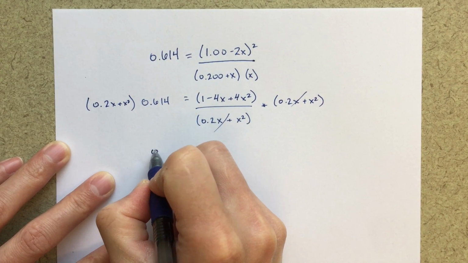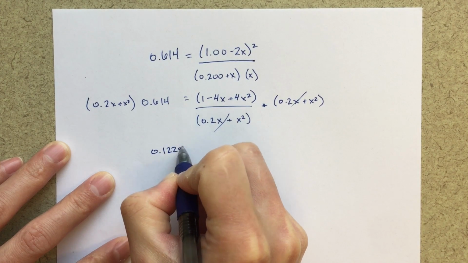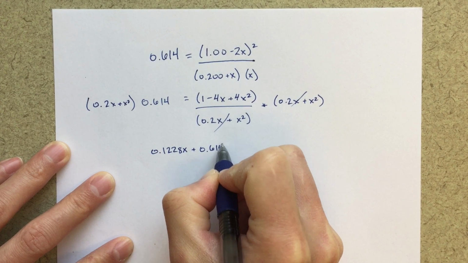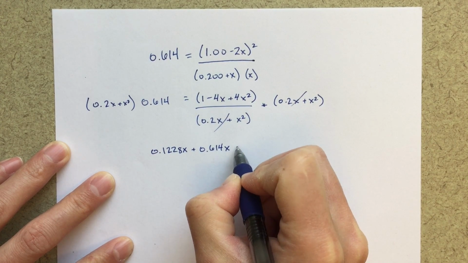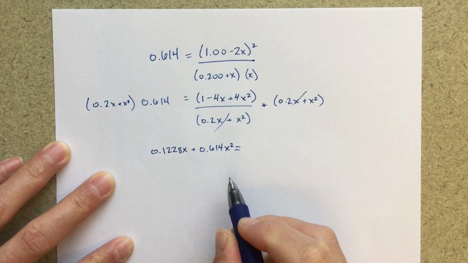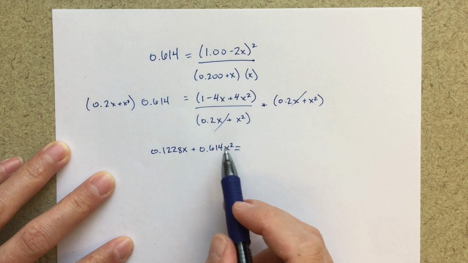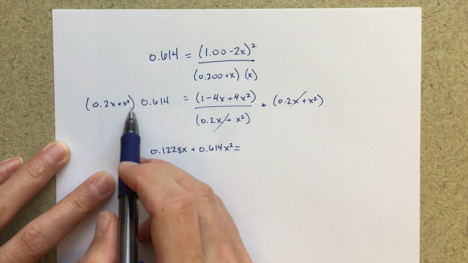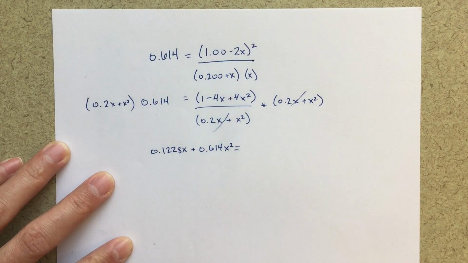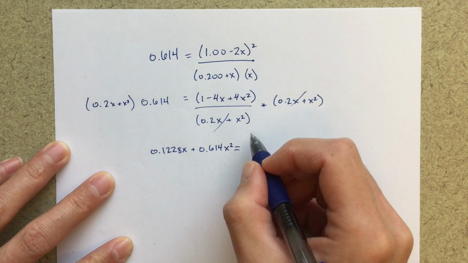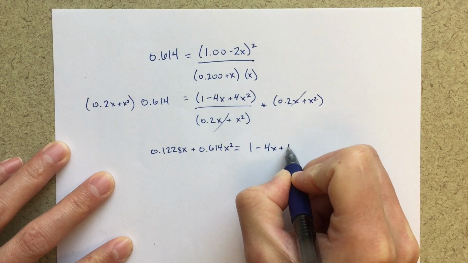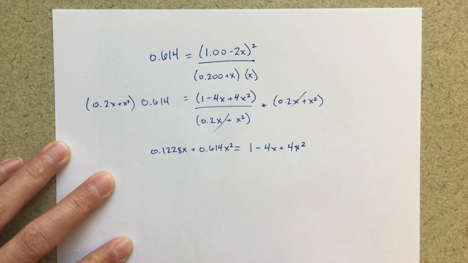I'm going to get 0.1228 times x plus 0.614x squared. It's easy to make little mistakes, so when you're doing this process, try to go as slowly and deliberately as you can, because if I forgot that x squared, then I would have been screwed. So I've got to make sure that I'm keeping everything intact. Then the right-hand side will just be 1 minus 4x plus 4x squared.